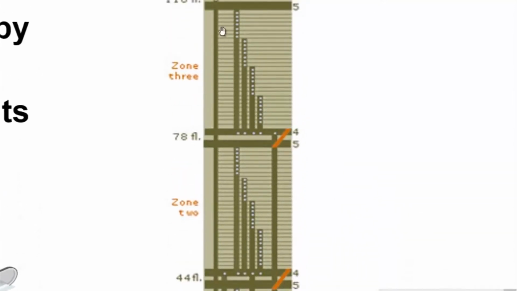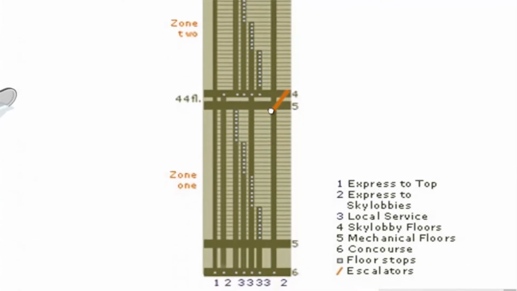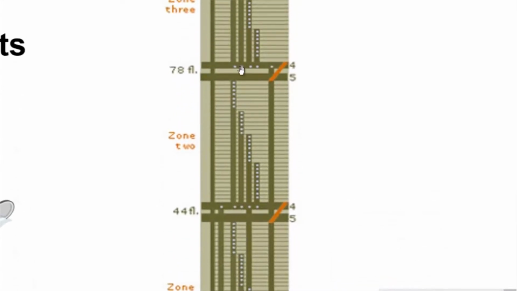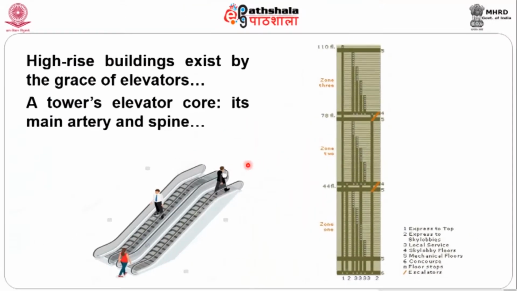So, there are elevators that go up to the top and there are elevators that go up to sky lobbies, and then there are local services here which are present at the concourse at the base level. Then there are mechanical floors in between where mechanical services are also present, and these are indicated here, and between floors there are escalators indicated by these diagonal red lines. So, this is a schematic sketch of what goes through in a high-rise building with respect to elevators and escalators.